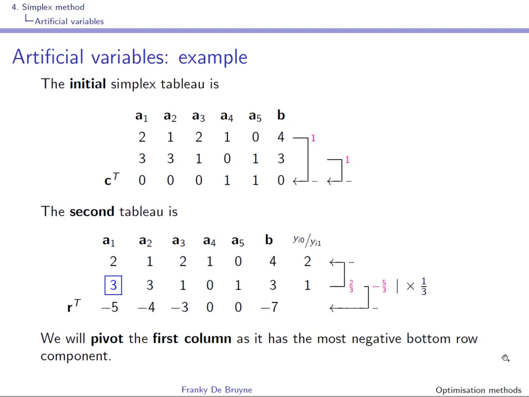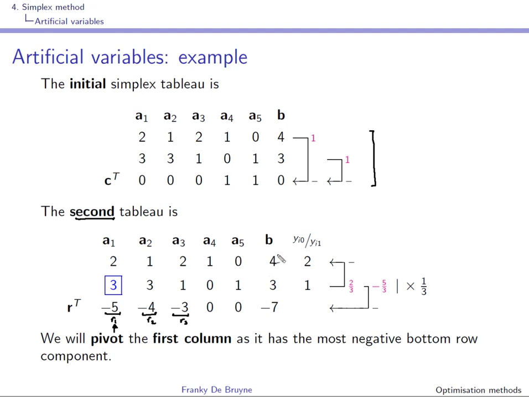Once you have brought this initial simplex tableau in the canonical form by doing these elementary operations, you obtain the second tableau, and now you proceed as usual. What you have over here is R1, R2 and R3, right? These are the reduced costs, and you can see that they are negative, so we are not at the optimum yet. And what we do is select the R that is the most negative, so this is obviously this one over here, and then we compute this ratio.